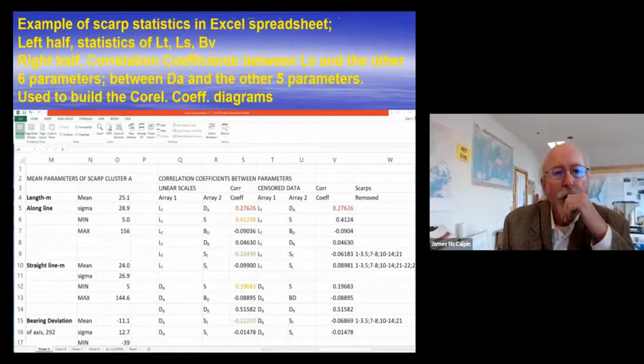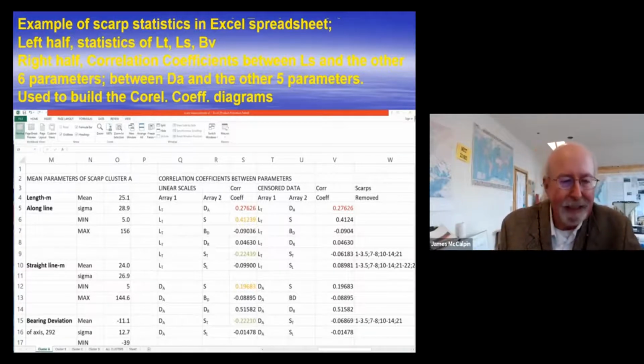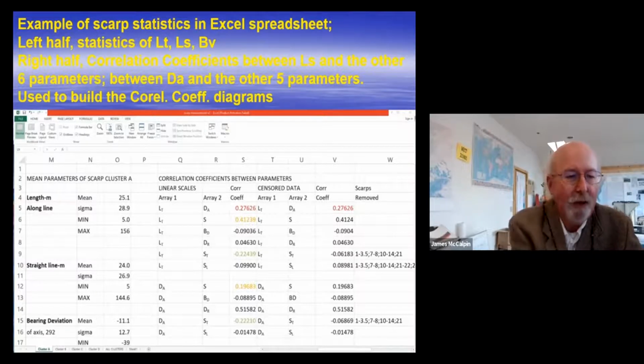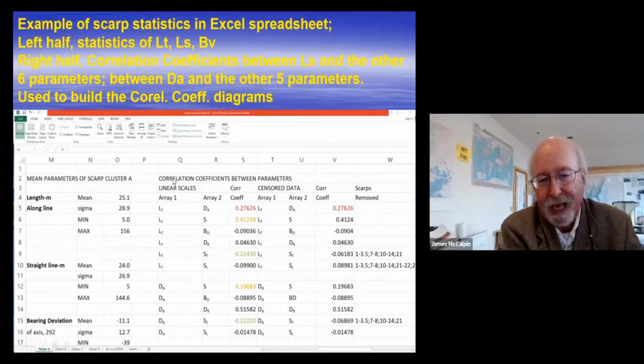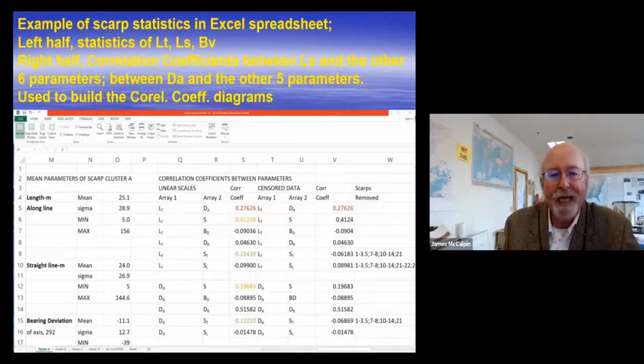Okay, so here's the rest of the spreadsheet. And you can crank out mean parameters for any of these 6 or 7 parameters that I measured. And you can also convince Excel to get correlation coefficients between any of these parameters and the other corresponding parameters in the array.